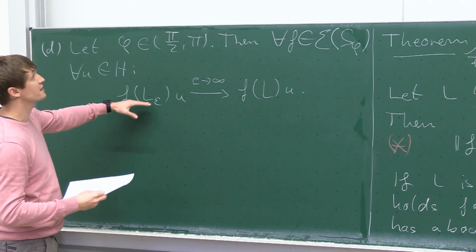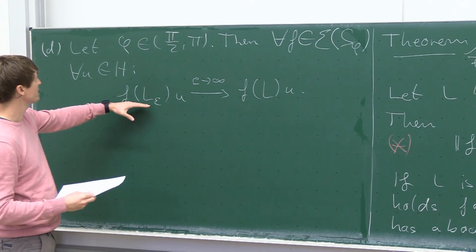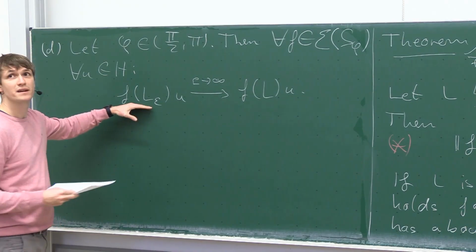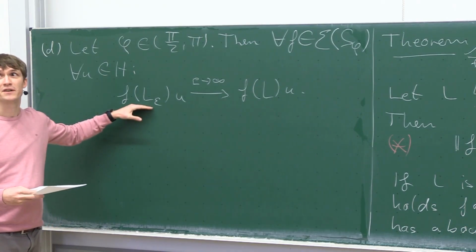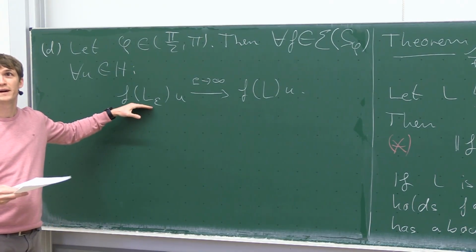So the strategy of the proof of von Neumann's inequality will be to establish von Neumann's inequality for the operator L epsilon, and then in the end we go over by taking the limit here.